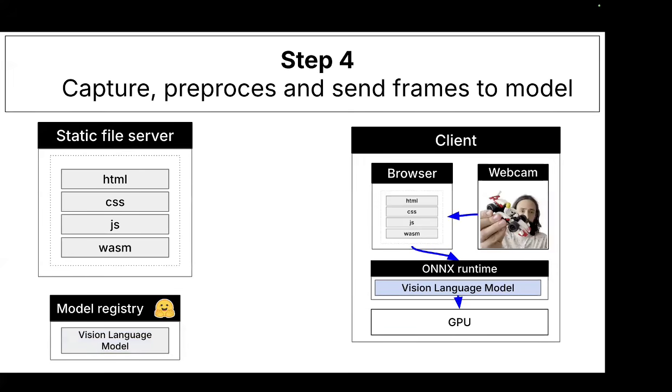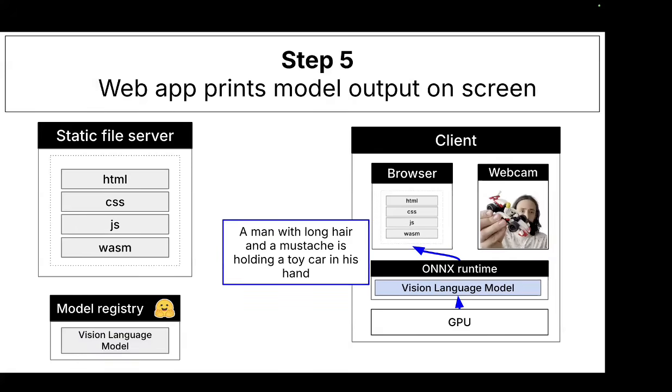It's essentially a for loop where the JavaScript fetches frames from the webcam and passes them to the model through ONNX runtime. ONNX connects to your local GPU using what is called an execution provider, which I'm going to show you in a second, and it is WebGPU. This runs the forward pass, computes the output, which is text, gets decoded, and then printed on screen. So this is the tools workflow.